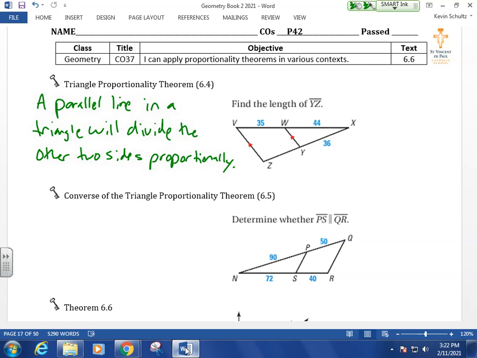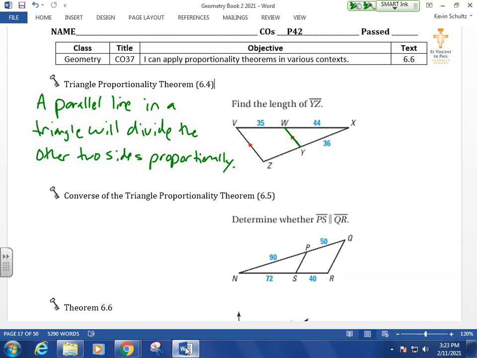Okay, so I'll let you write that down. A parallel line in a triangle will divide the other two sides proportionally. Our parallel line is marked here in the triangle that we have.